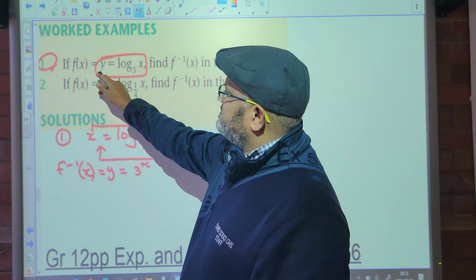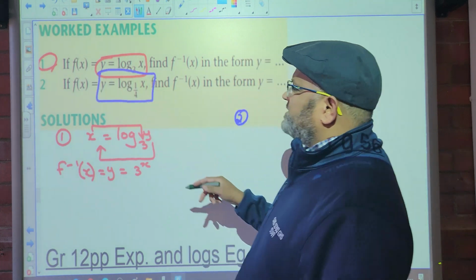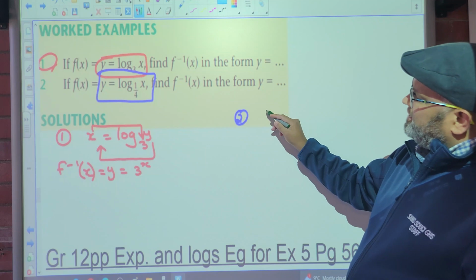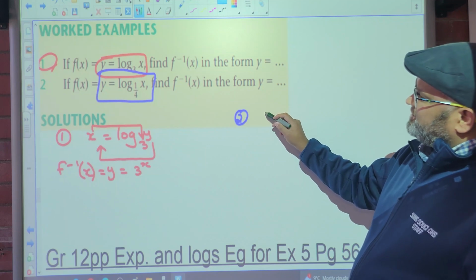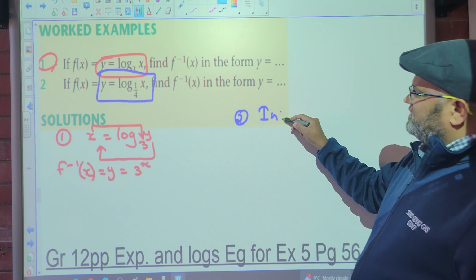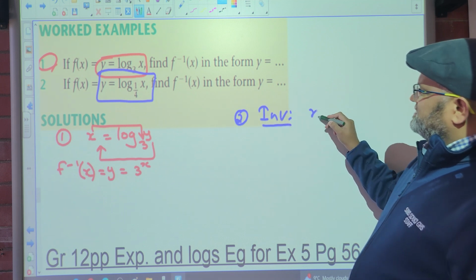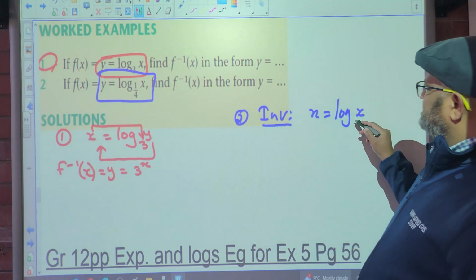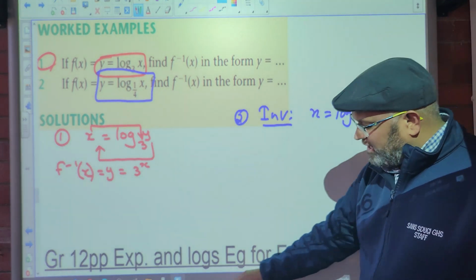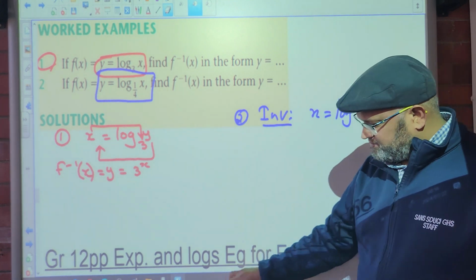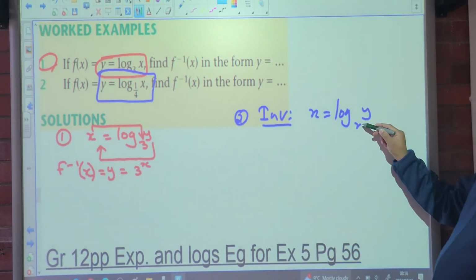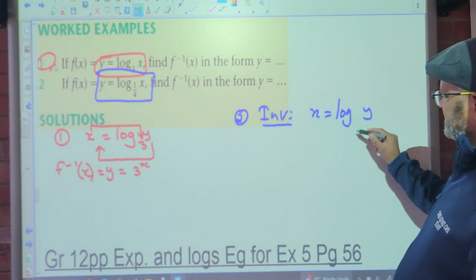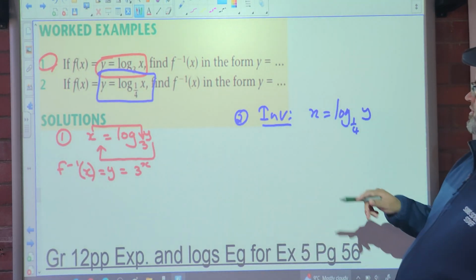We go with this here now. So y is equal to log x base a quarter. We're interchanging x and y, so for the inverse, x is equal to log y base a quarter.